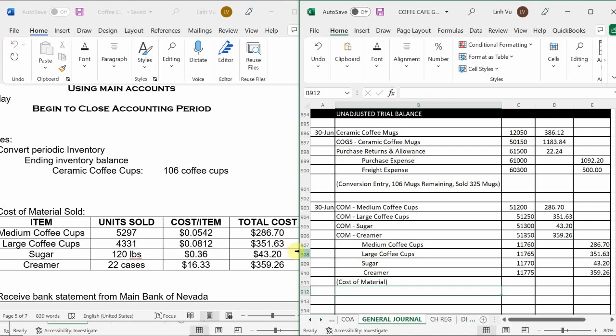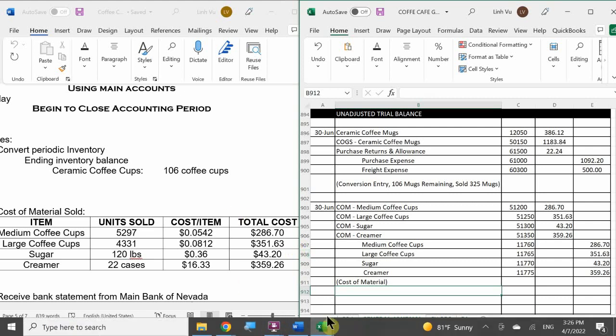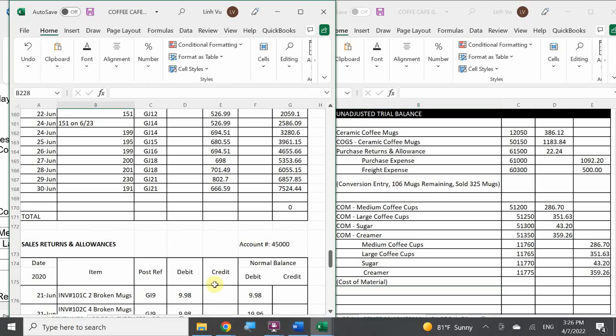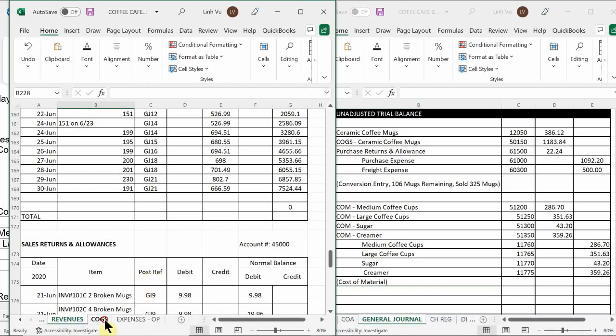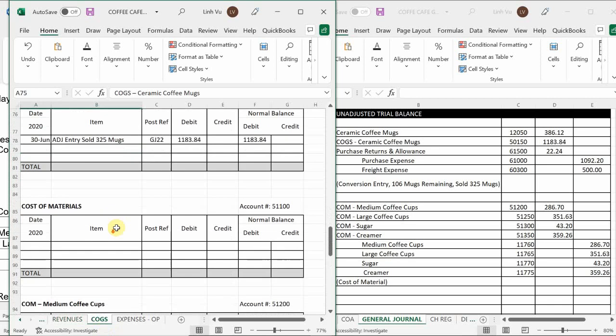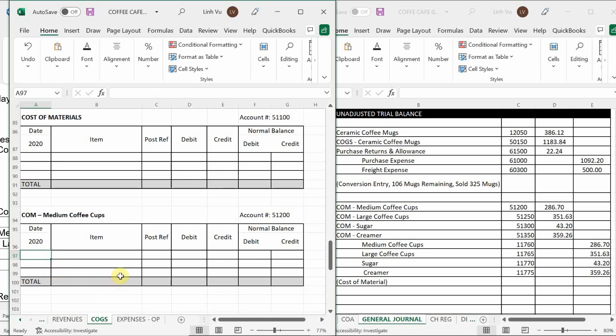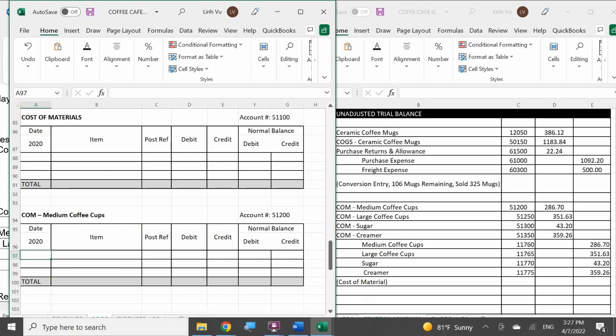So, what is next? Update the... Okay. So we're going to go to cost of goods sold because underneath cost of goods sold is cost of materials. So here we are. We have cost of materials for the medium coffee cups. How many cups did I actually sell or use?